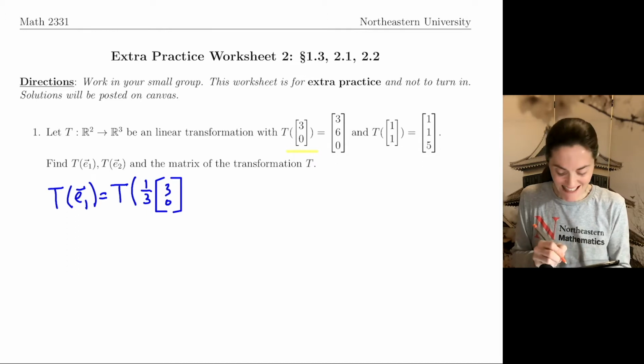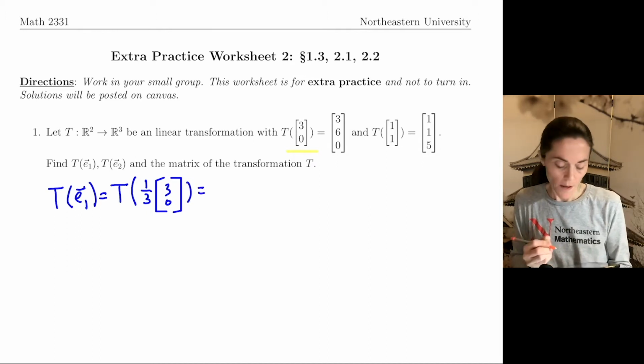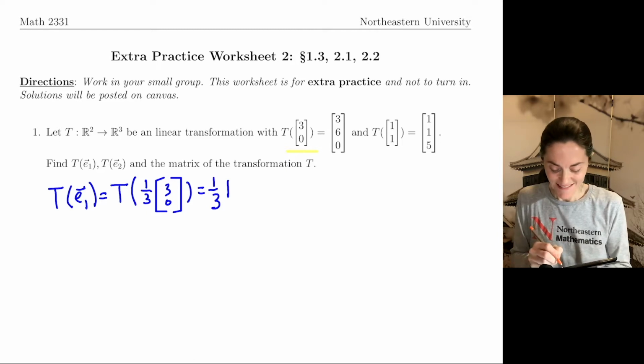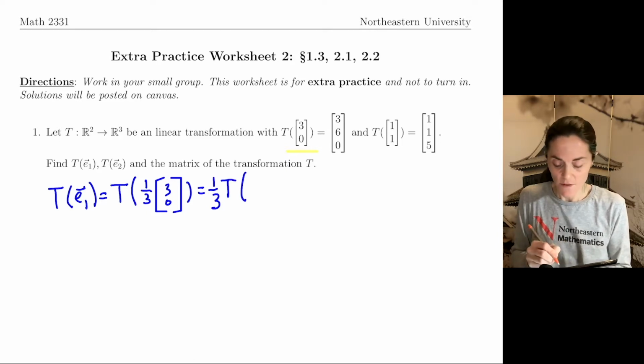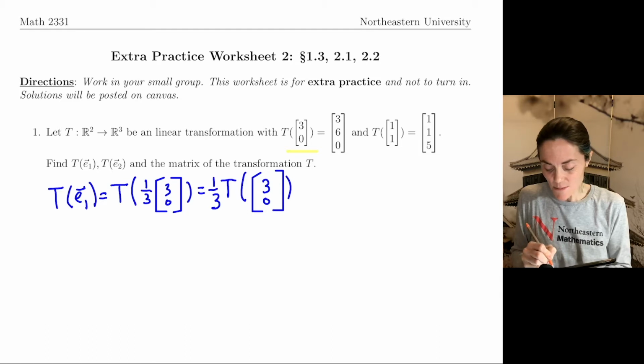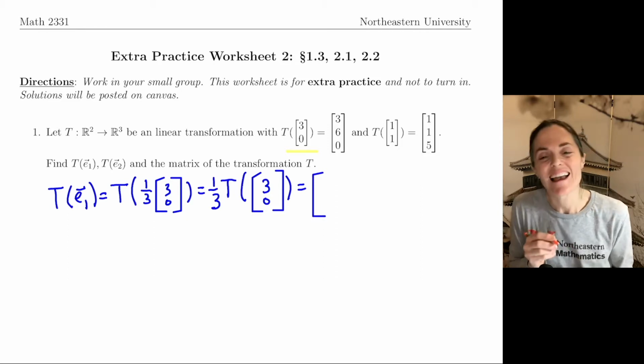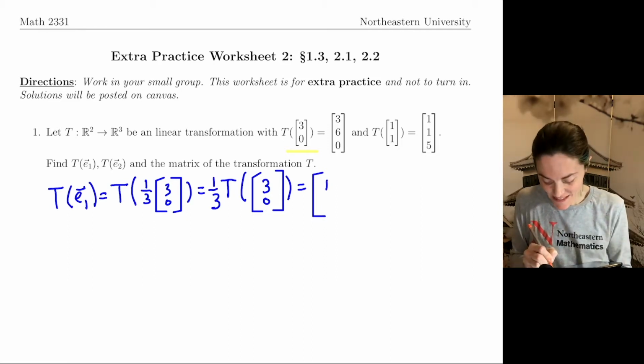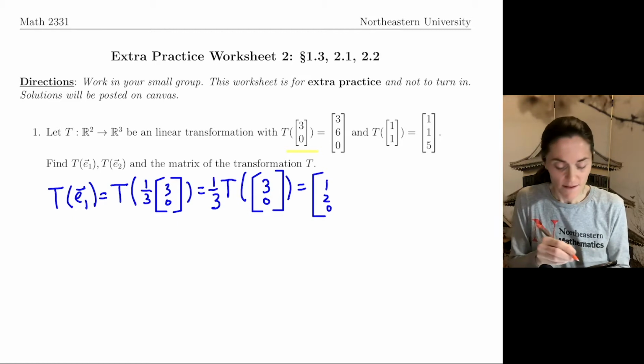But now, here's where properties come. This would be 1/3 times T of this vector, and this is what's given. So this is just 1/3 times the vector 3, 6, 0, which is 1, 2, 0. So we have found T of E1.